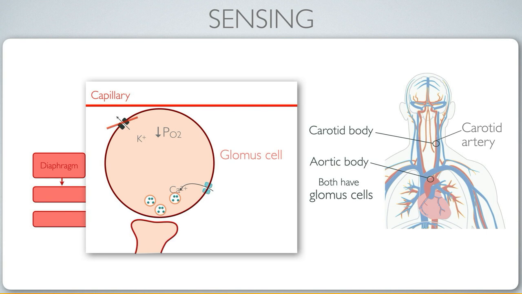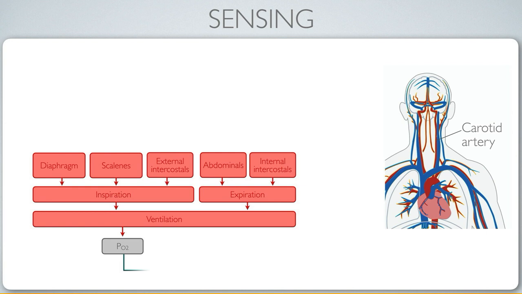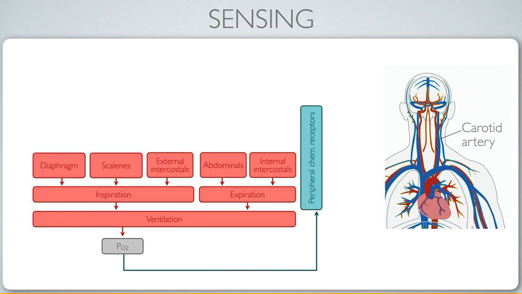So oxygen is an important sensory cue that's picked up by these chemoreceptors that are in the periphery, these peripheral chemoreceptors. Now, the respiratory system is also informed by sensing in the brain itself. Those are central chemoreceptors that are found in the medulla oblongata. And that operates by a slightly different mechanism.